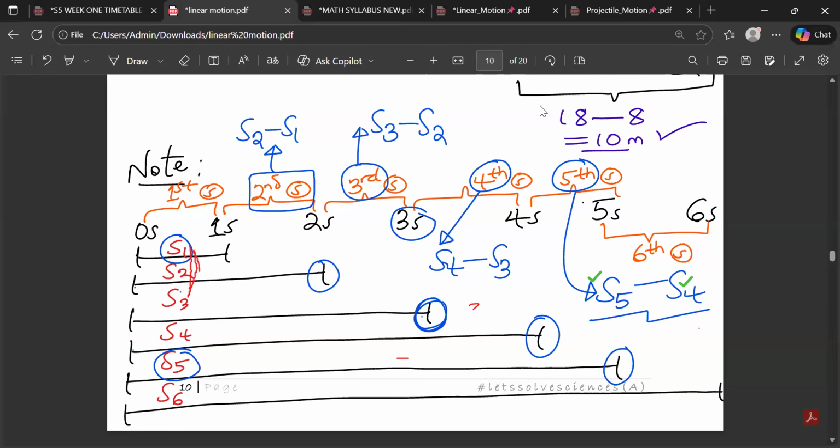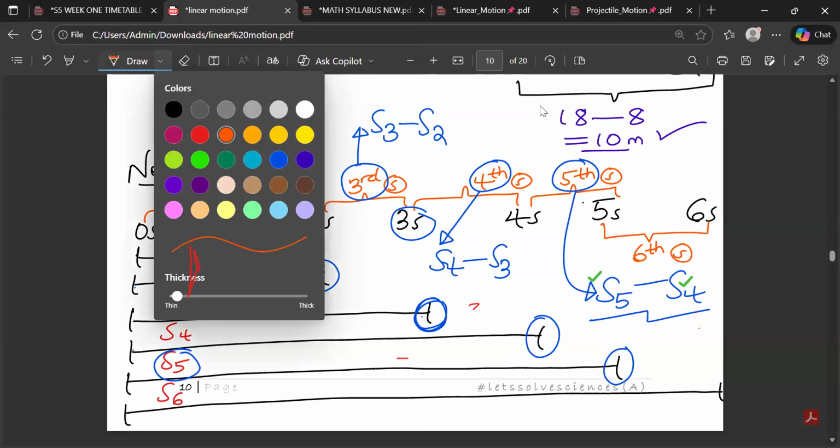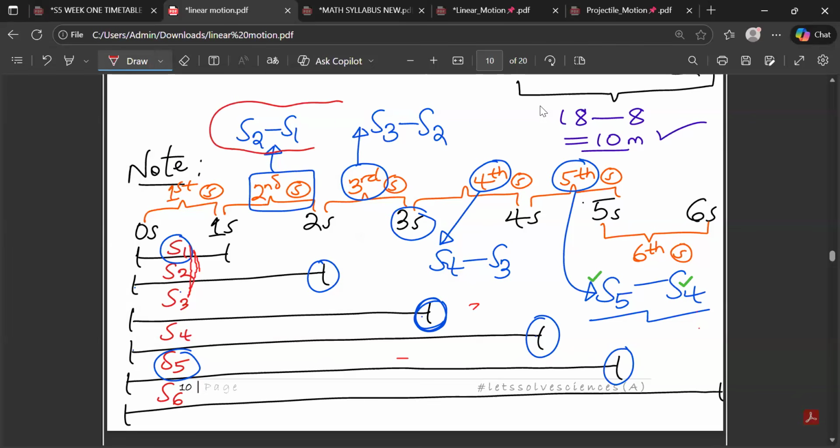So when I replace T with 5 in the second equation of motion, I will get the distance covered within 5 seconds. I don't know whether people get the difference between within 5 seconds and within the 5th second. Do you know the difference? And you get this formula I've put, these ones. Because questions are not going to be split. The question will come at once.